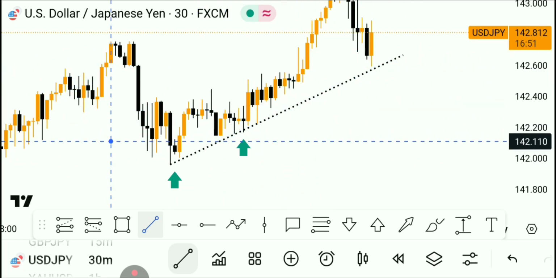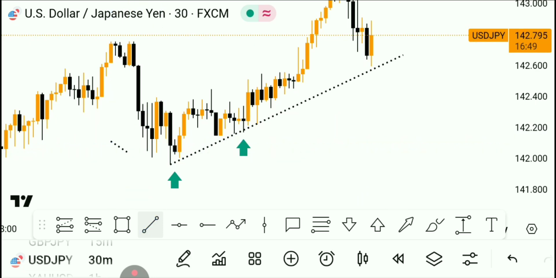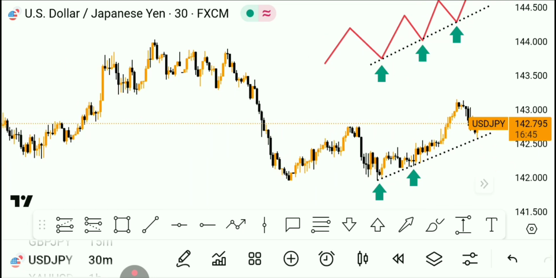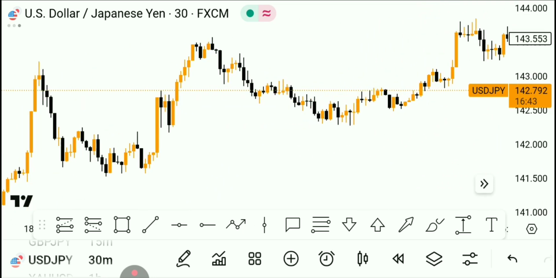So let me draw another example so that we can see. Let's look for another example, maybe a downtrend or something.